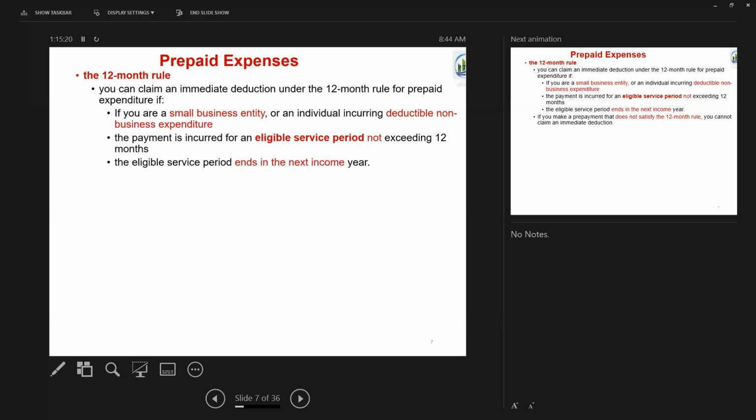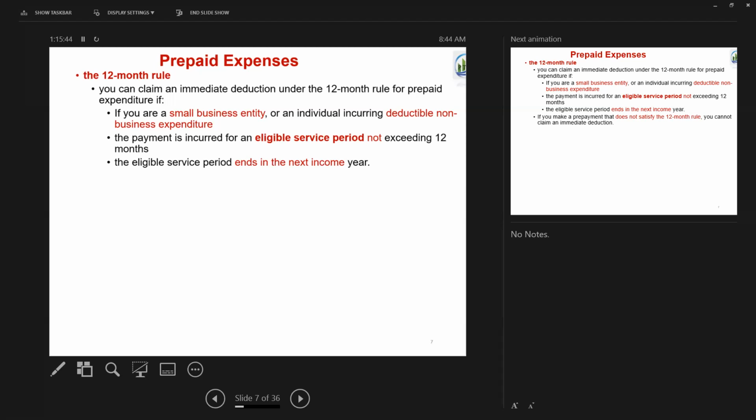So what they are saying is there are three conditions that should be satisfied. You should be a small business entity, or you should be an individual and your expense will be non-business expenditure. Your eligible service period should not exceed 12 months, and your eligible service period should end in the next year, right?